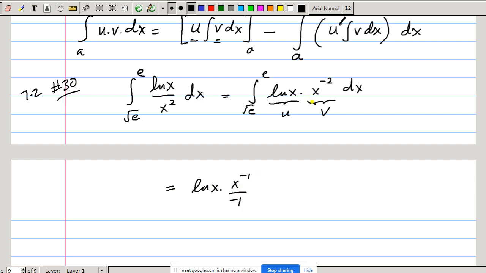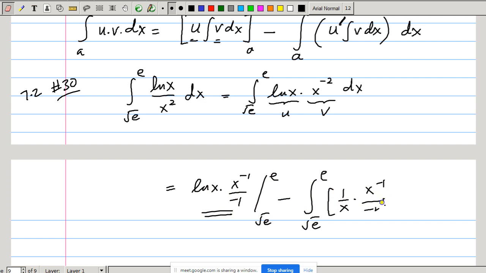This is the integral of v, right? So this whole thing will go from square root of e to e. Minus the integral from square root of e to e, and inside I will not use the limits. The derivative of log is 1 over x, and the second thing is as it is, x to the power minus 1 by minus 1, and dx. Because I still need to integrate, that's why I did not use the limits inside.